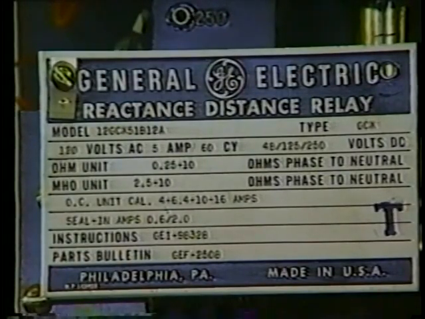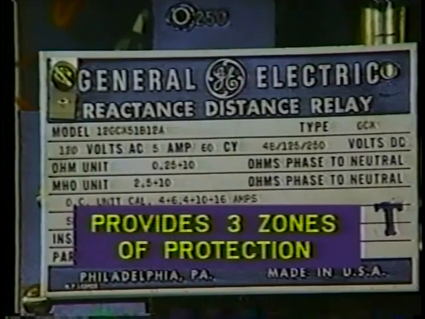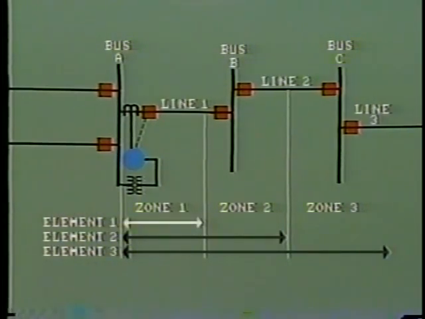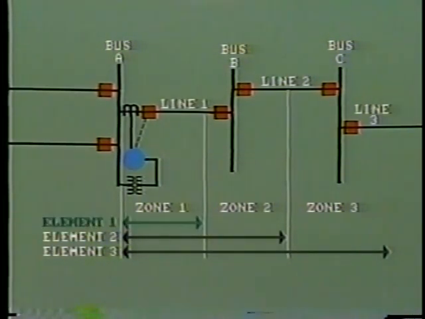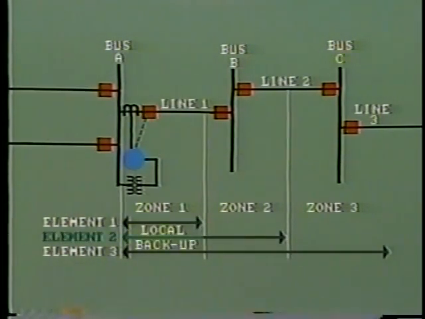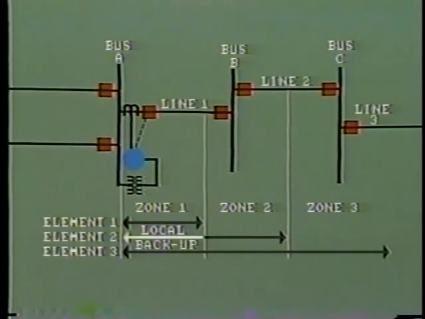An important feature of the distance relay is the provision of zone protection, generally 3 zones. This allows us to provide backup. Generally speaking, the first element protects the primary zone, as shown here, by opening the first breaker, breaker A. The second element provides local backup in case the first element fails to operate.